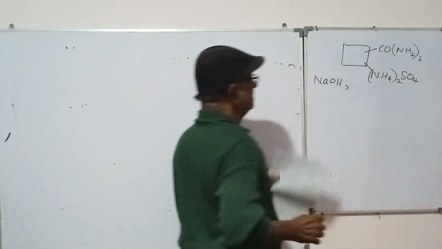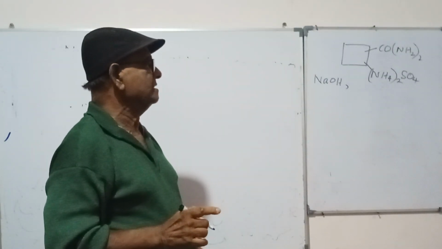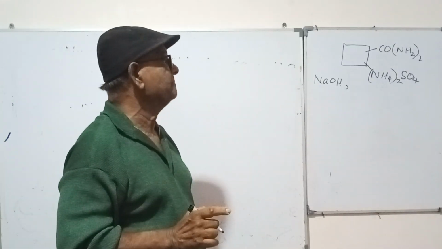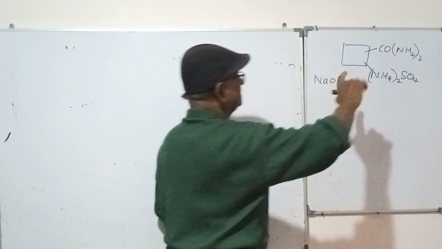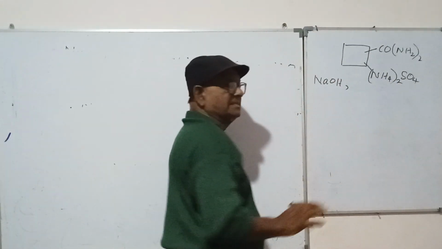NaOH. Then first of all, we must give the relevant equations for the reactions: how urea reacts with NaOH, how ammonium sulfate reacts with NaOH.